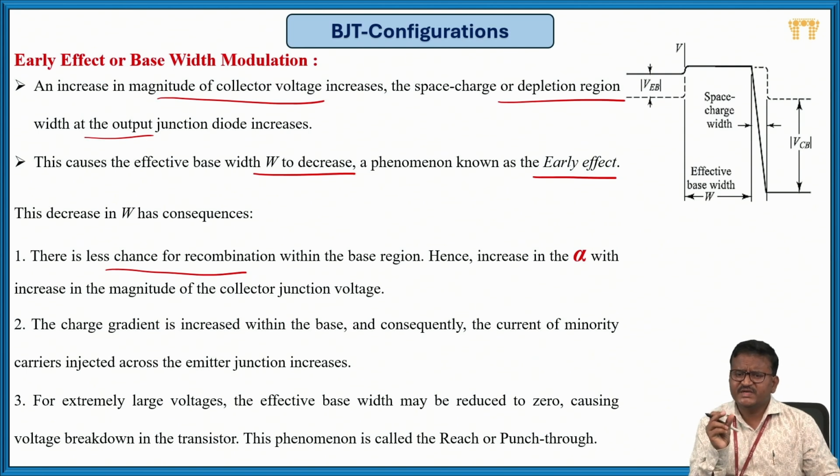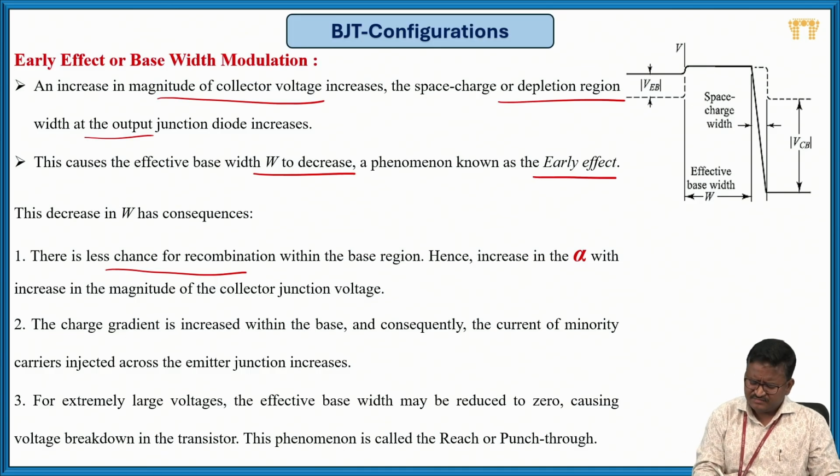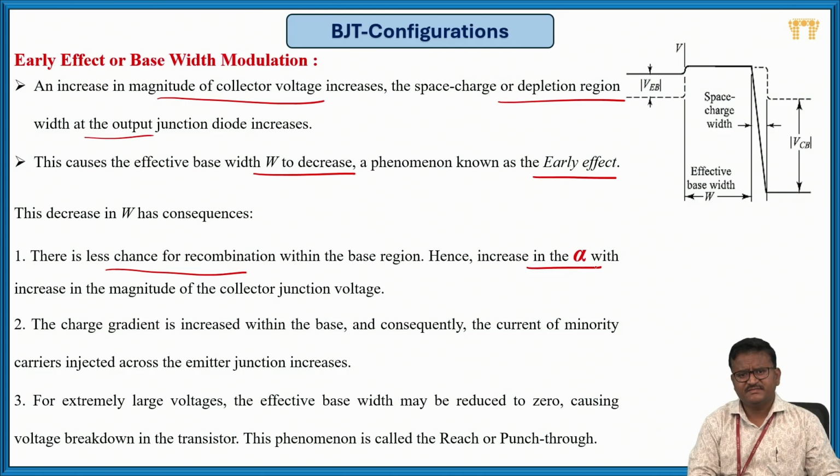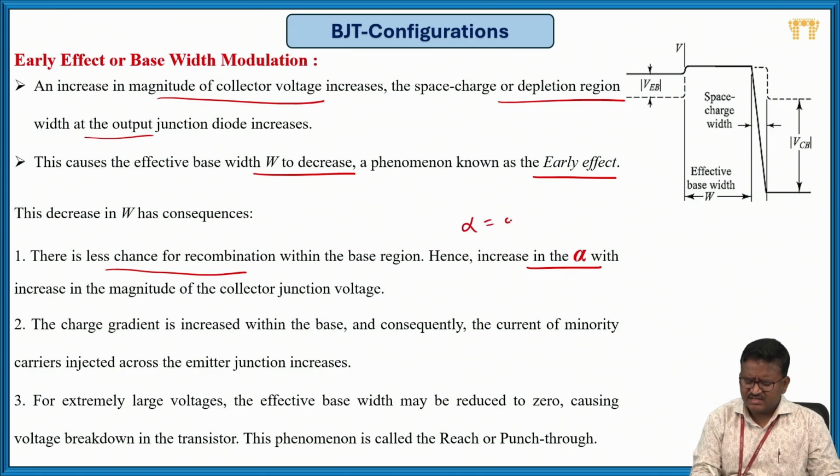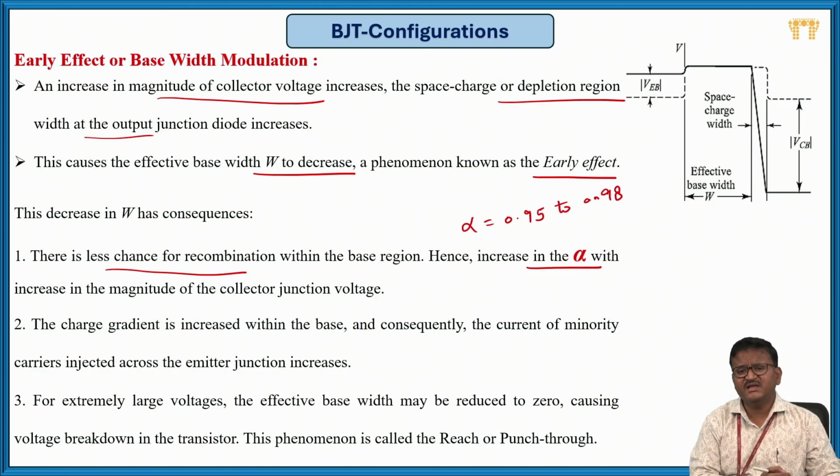Since the effective base width decreases, there are fewer charge carriers to recombine. So the recombination rate decreases and alpha increases. As we know, the alpha range is some 0.95 to 0.98, so alpha is almost equivalent to 1. That is what will happen as you increase further.